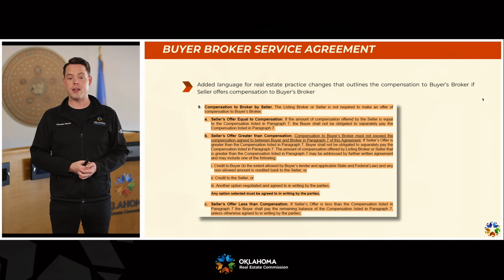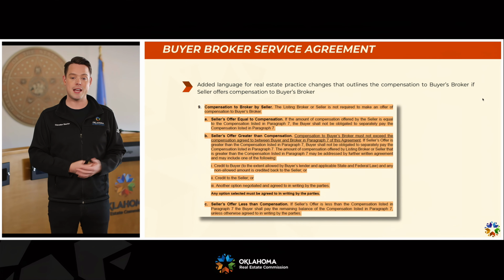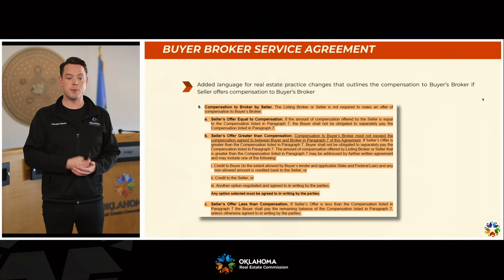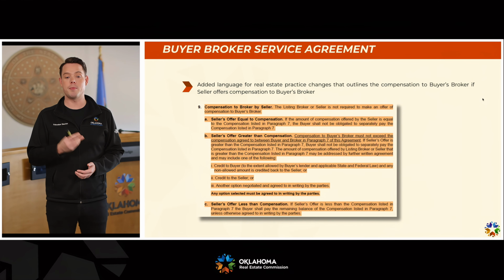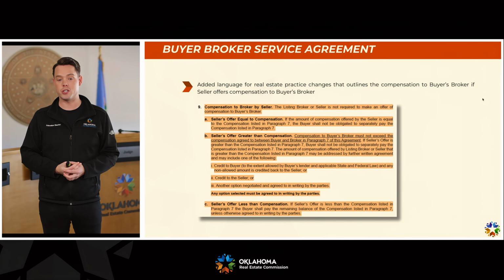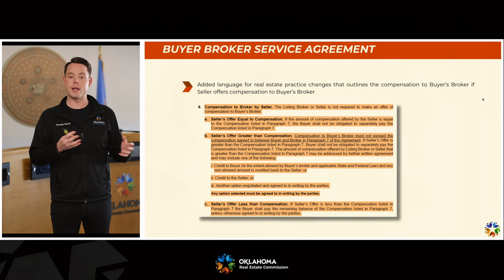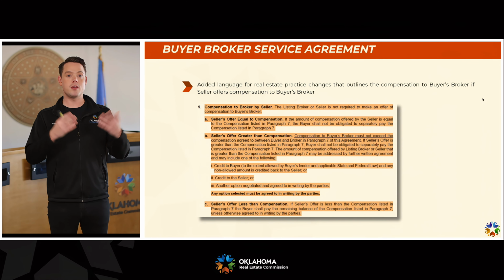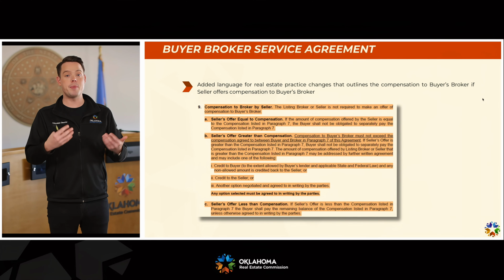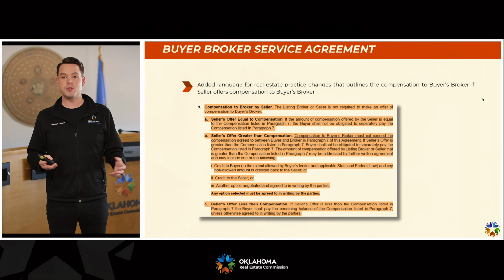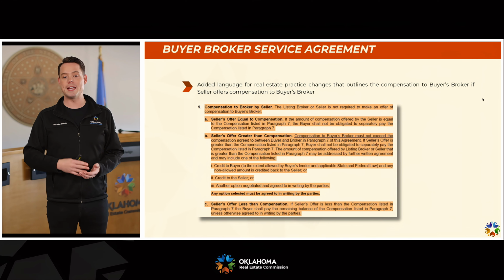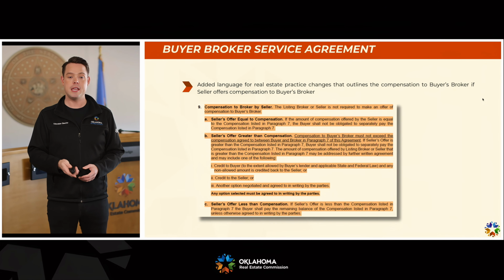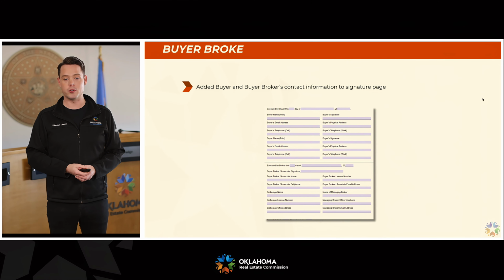In the event that that compensation is less than what is in paragraph 7, the buyer shall pay the remaining balance of the compensation unless, again, otherwise agreed to in writing by the parties. So sometimes you may want to have your buyer pay that difference. Other times, maybe you don't. Either way, you need to go ahead and have that in writing and make sure it's agreed to.